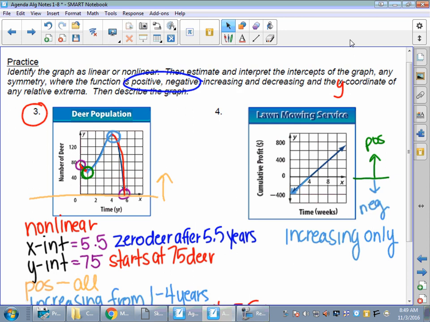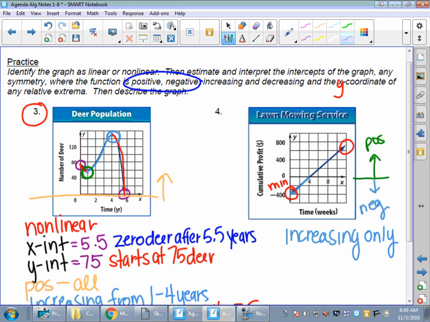Any extrema, any relative maxes and relative mins? Well, that's the interesting part because really, our only relative min would be at 0 weeks, where the profit was negative $400.